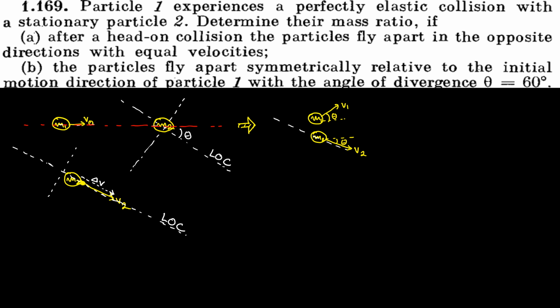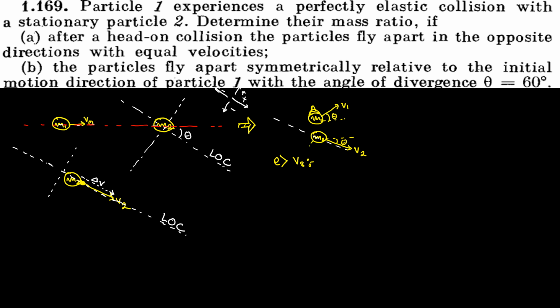Fair and fine. So let's name the coordinates. This side is plus, this side is minus, down is minus, upward is plus. Now if you apply the coefficient of restitution, what is the velocity of separation? For the velocity of separation, if I take my observer on m1, what is the velocity of m2?